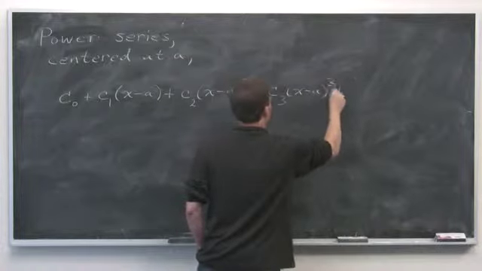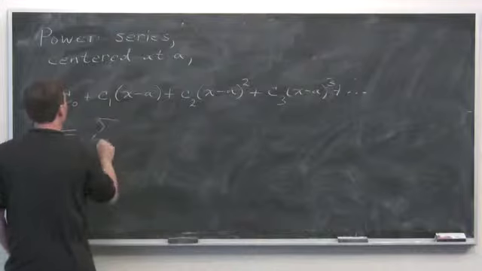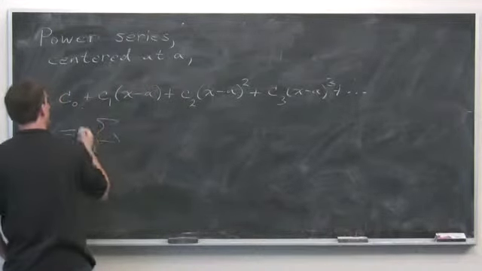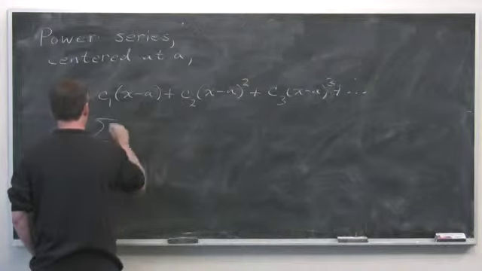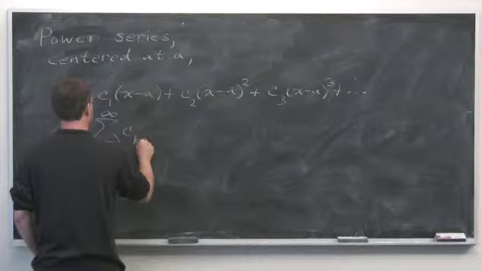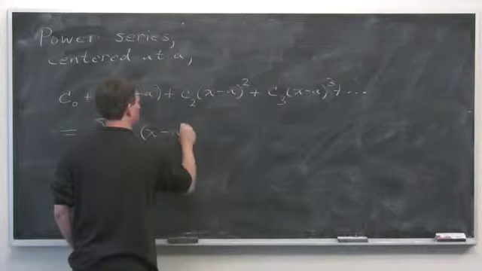But now you don't stop anywhere. So to know the power series, all that means is you know where it's centered and you know what the coefficients are. So saying you have a power series is really the same statement as saying you have a collection of coefficients, an infinite collection of coefficients.